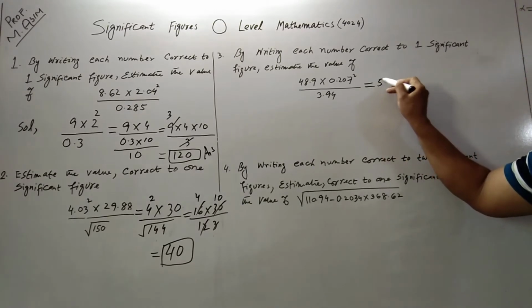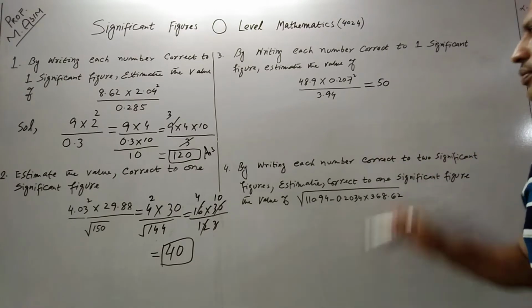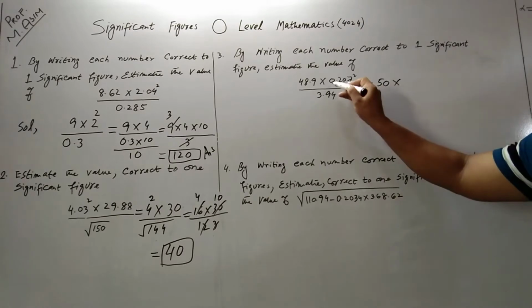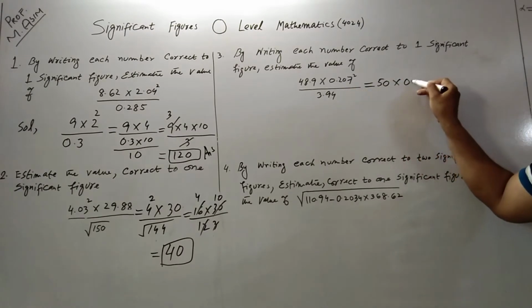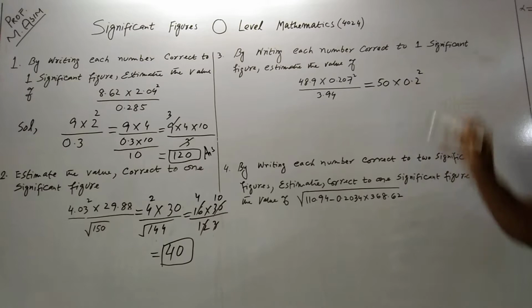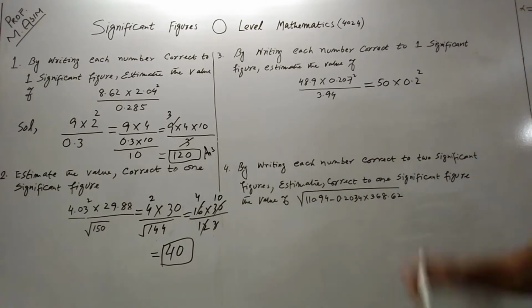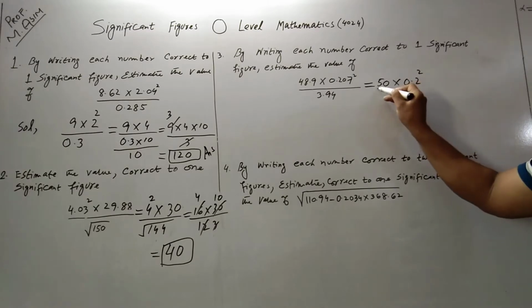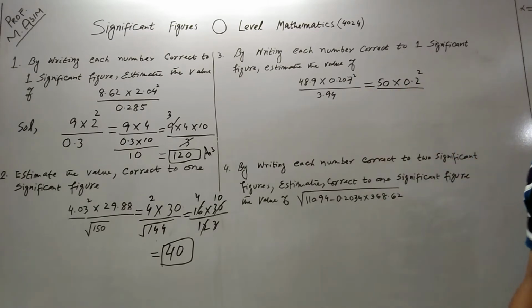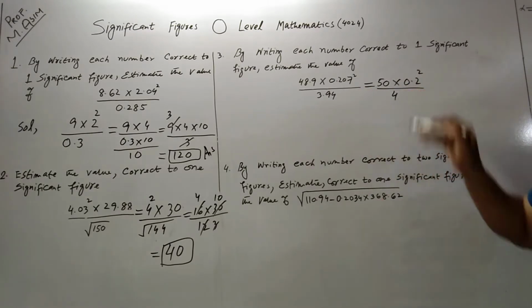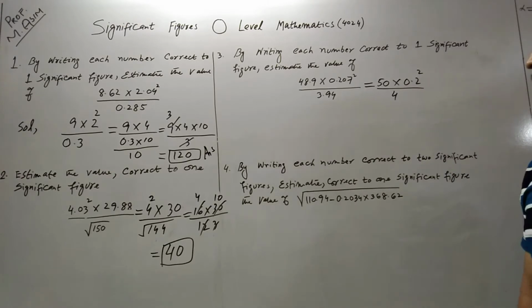Obviously 48.9 is closest to 50. Multiply by 0.207, in one significant figure it is 0.2 only, and the square remains, upon 3.94. Obviously 3.94 is nearest to 4.